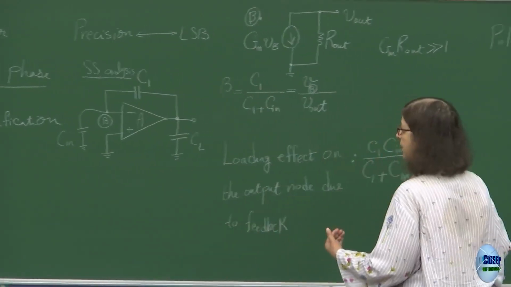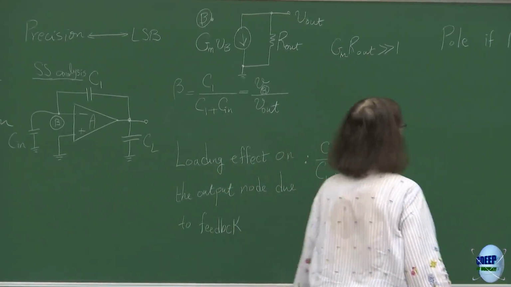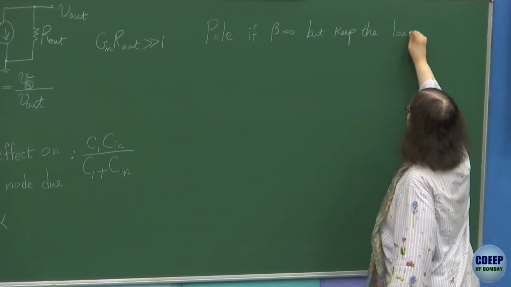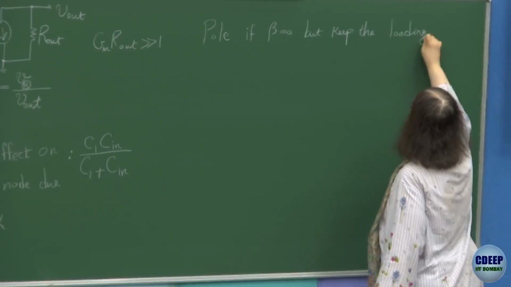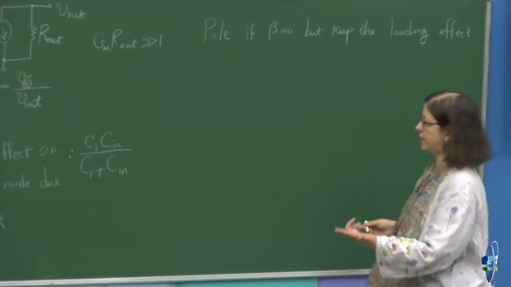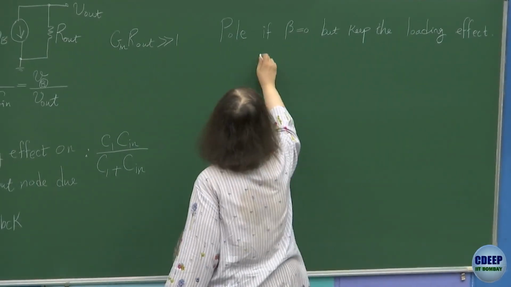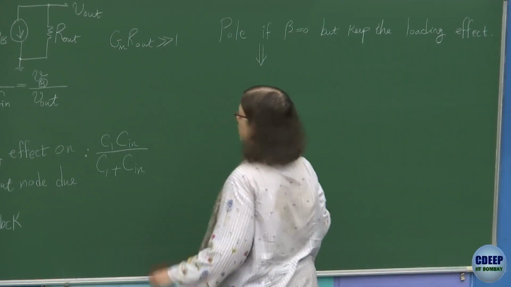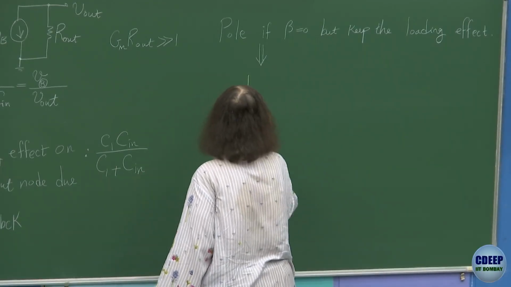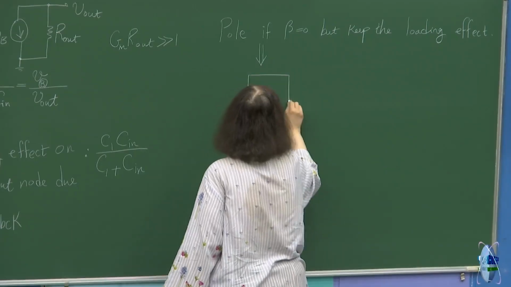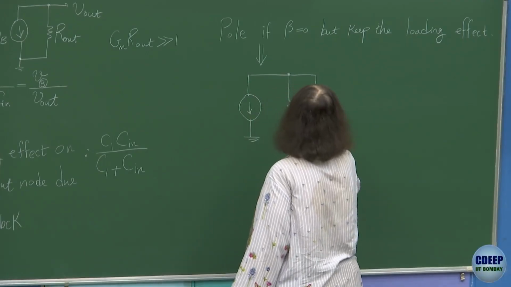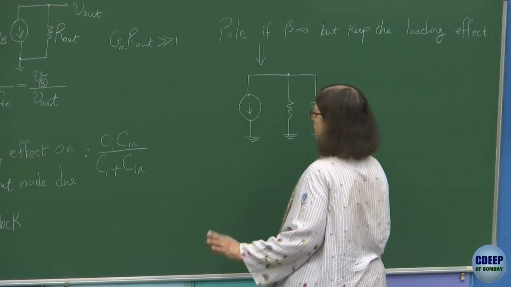Therefore, it eventually changes the intrinsic behavior of A. That's why we keep the loading effect. What is now this condition? The equivalent circuit is this. This is only the loading effect without any feedback factor.